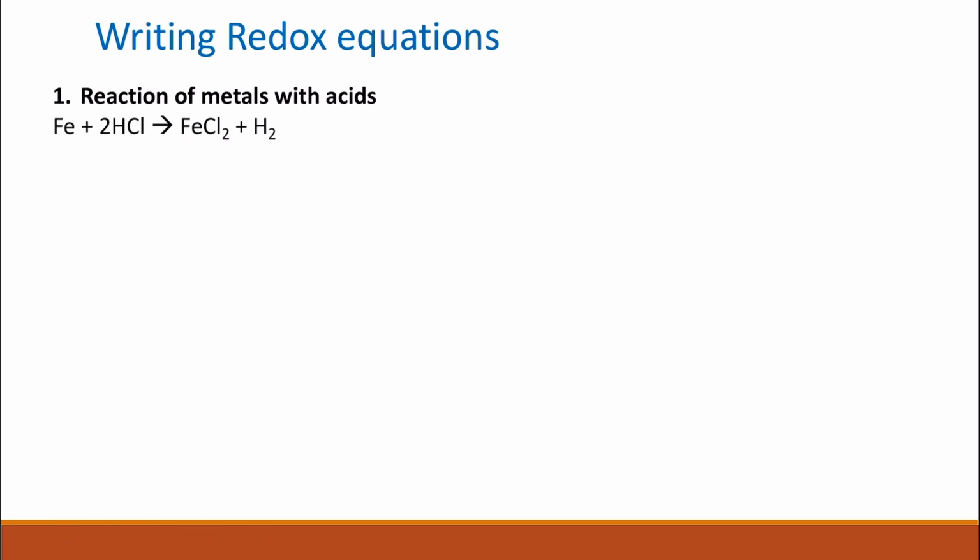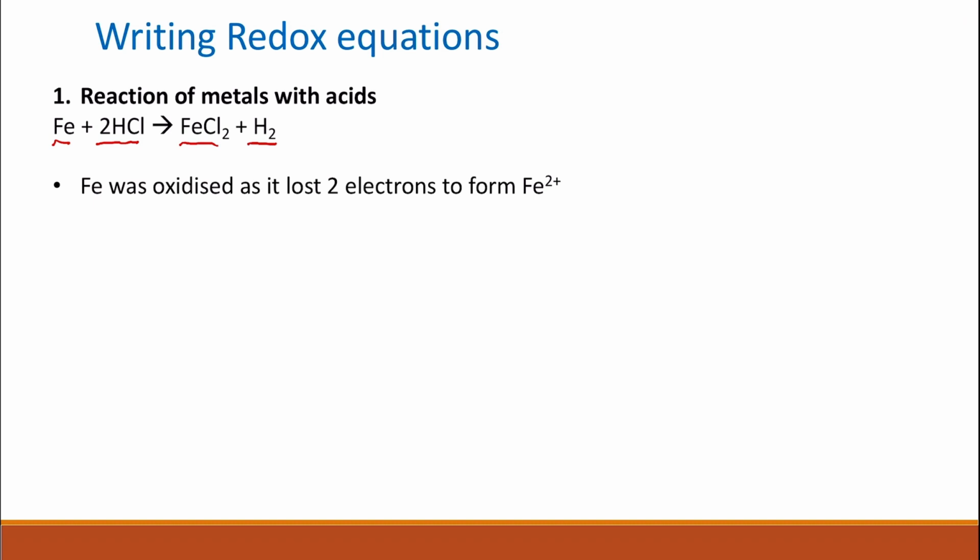An example of this is iron reacting with hydrogen chloride as an acid, which will give you iron chloride and hydrogen. This is an example of a redox reaction because iron was oxidized in this reaction: iron lost two electrons. We have iron here as a metal, and then it lost two electrons to give you the iron 2 plus ion.